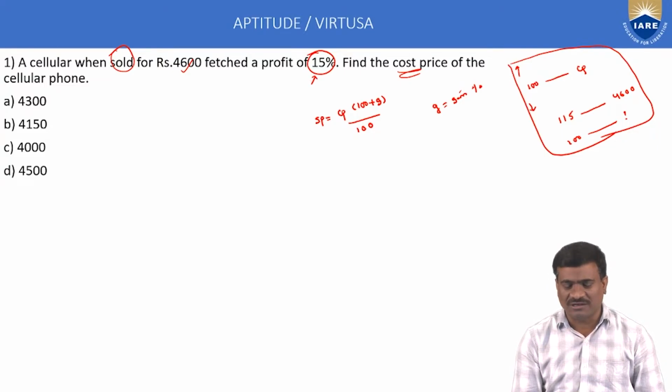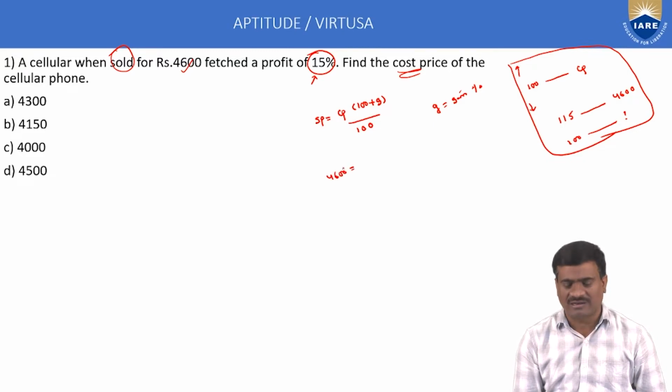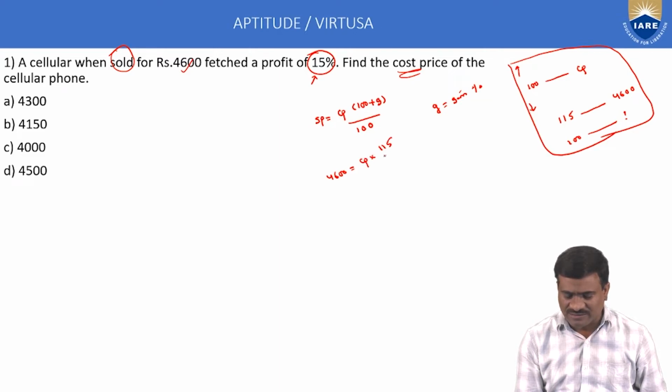Now substitute selling price is equal to 4600. Calculate cost price: G is 15, that is 115 by 100. Then cost price is equal to 4600 into 100 divided by 115.